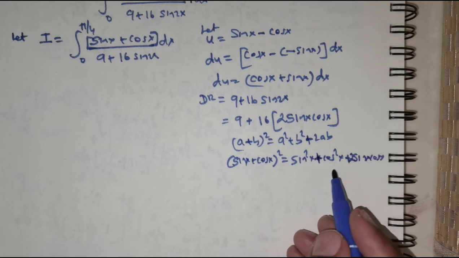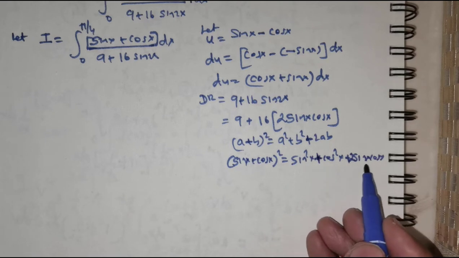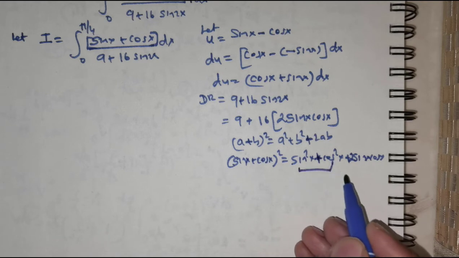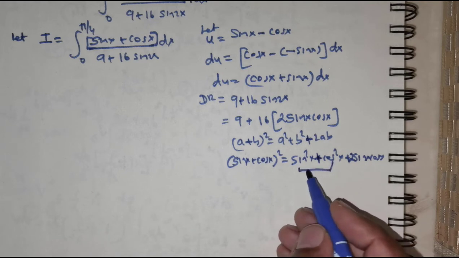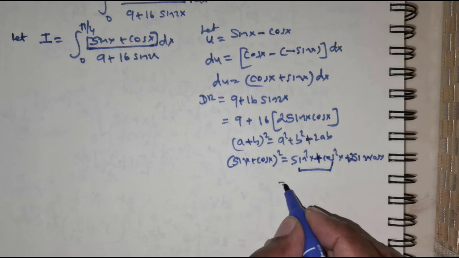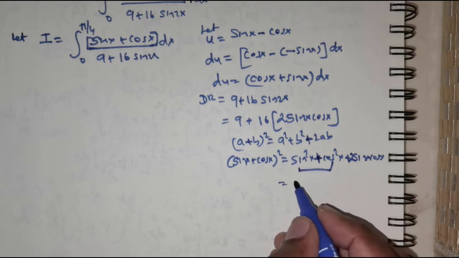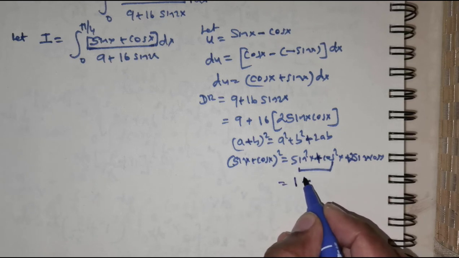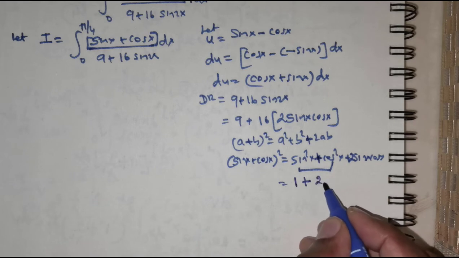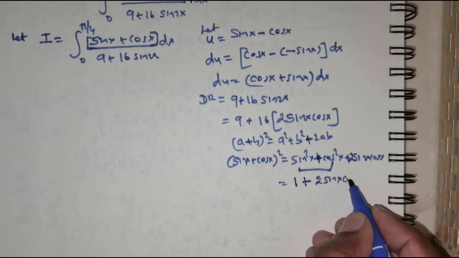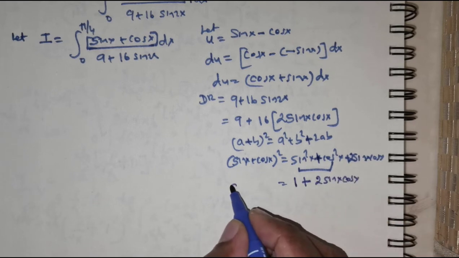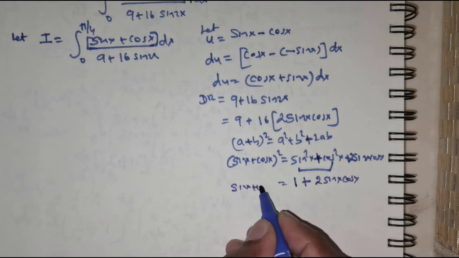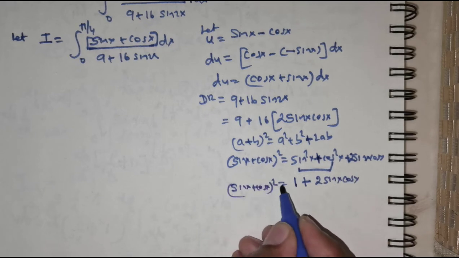So I am having 2 times sin x cos x, but the only thing that is coming out additionally is sin squared x + cos squared x. Now we know that sin squared x + cos squared x is 1. So we now have 1 + 2 times sin x cos x. On the left hand side I have (sin x + cos x) raised to the power of 2.